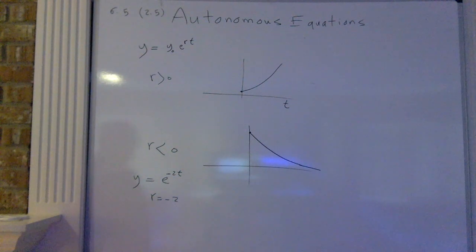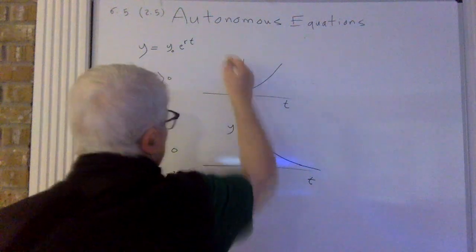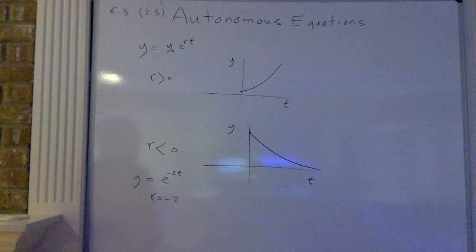As t goes to infinity, this goes to 0. So this one is stable, and it has an asymptote, which is y equals 0.